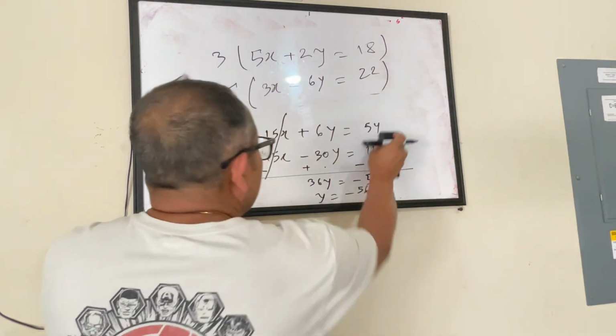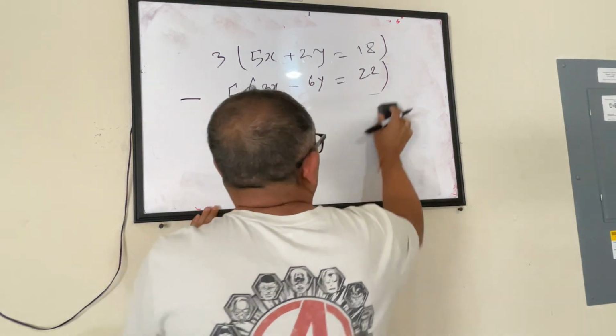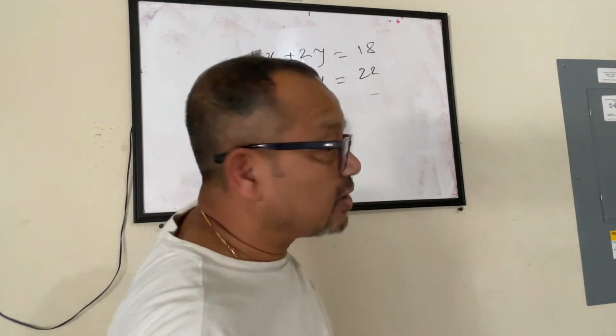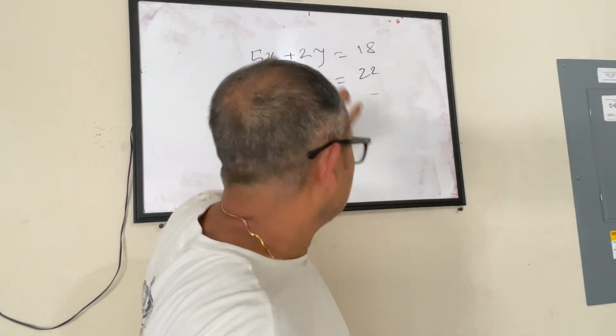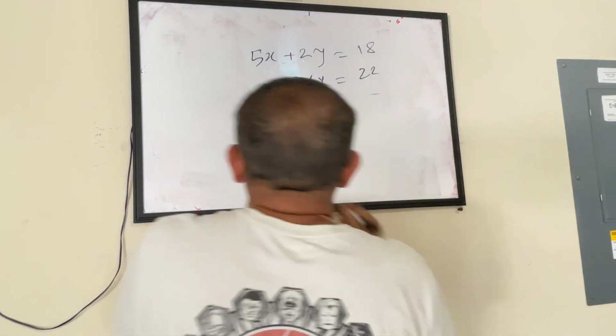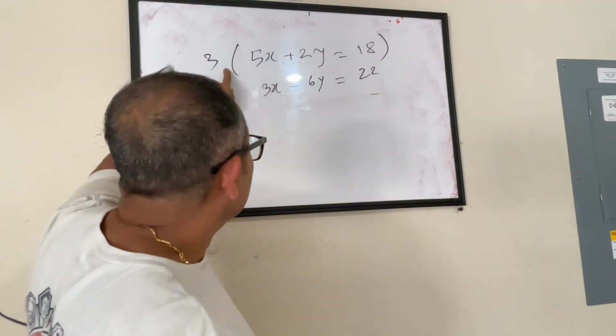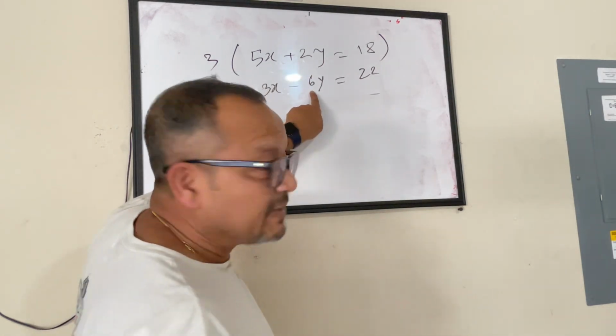Okay, fine. Here I have minus 6y. Here I have plus 2y. How about we multiply this equation by 3 and just add these two? When I multiply this equation by 3, this becomes 6y. This is minus 6y.